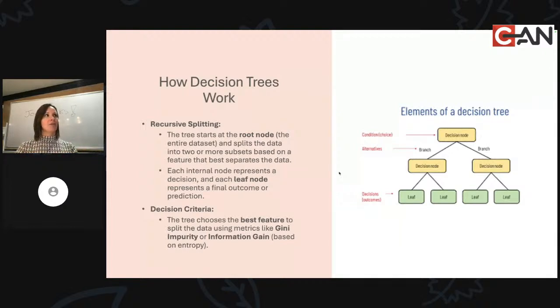So generally, how decision trees work, and here I have some elements of a decision tree, an extremely blurry picture, so I apologize. At the top, this is supposed to say root node. At the top there is a root node, and then you branch into two different areas, and maybe there's a couple of questions, perhaps you could call them decision nodes, but there's a couple of different splitting criteria that further split the data set.